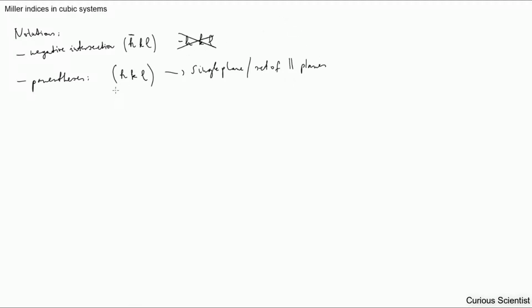Then if you see like this with brace or curly parentheses, that means that these are the equivalent planes.